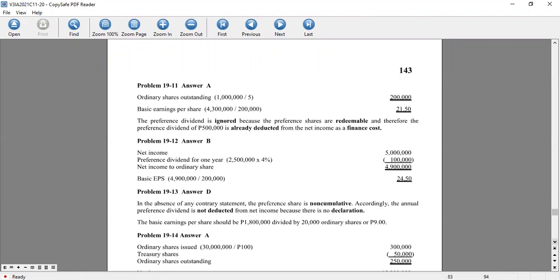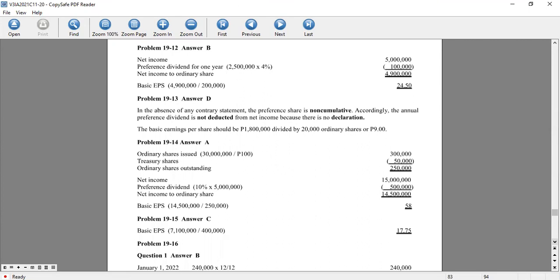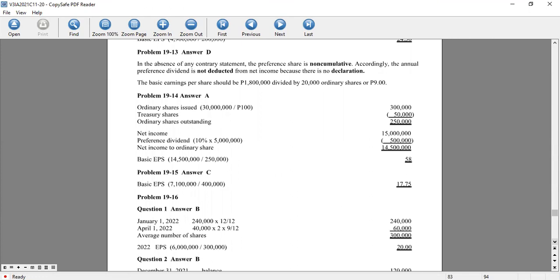Net income to ordinary share is 4.9 million. 4.9 million divided by 200,000 shares outstanding. So the basic EPS is 24.50.